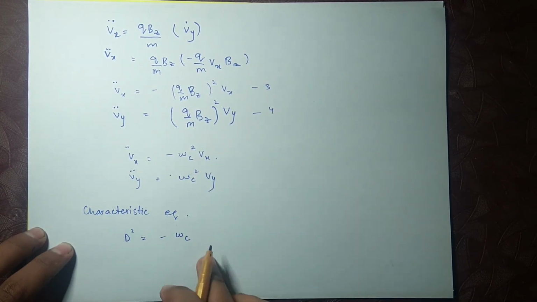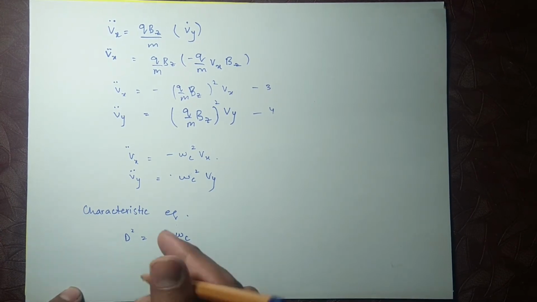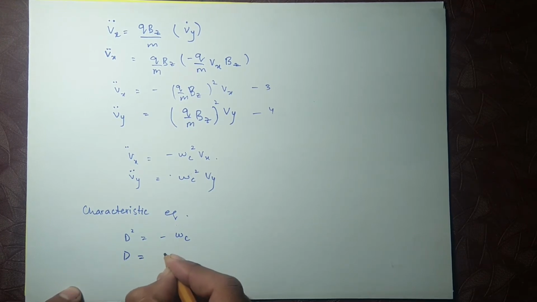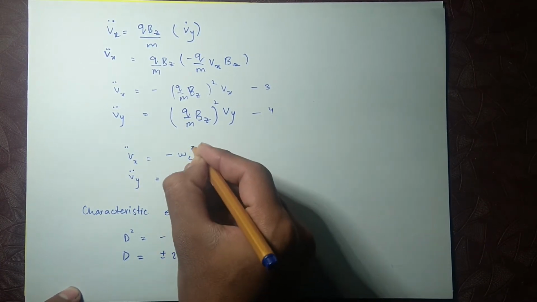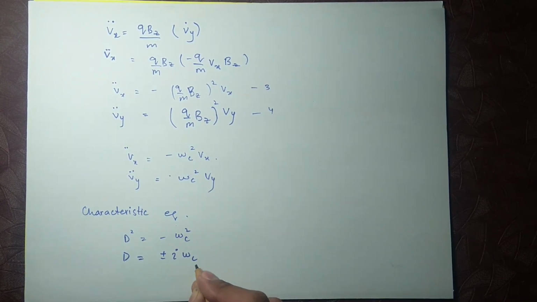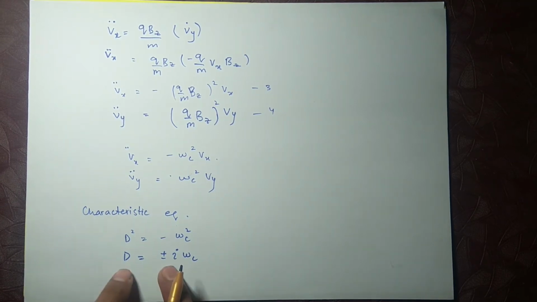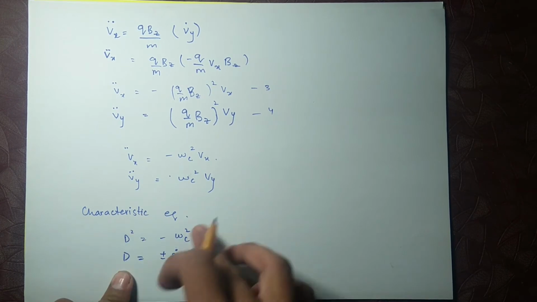This v of x will be cancelled out, and we write the characteristic equation like this, and d will be equal to plus minus iota omega c.